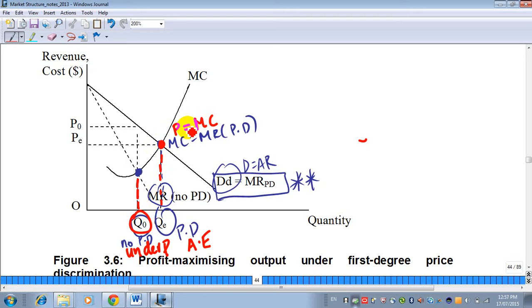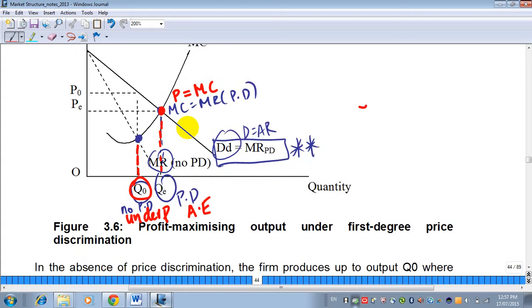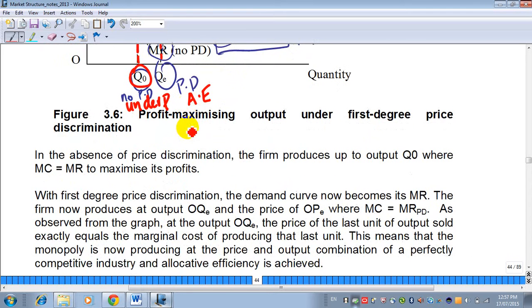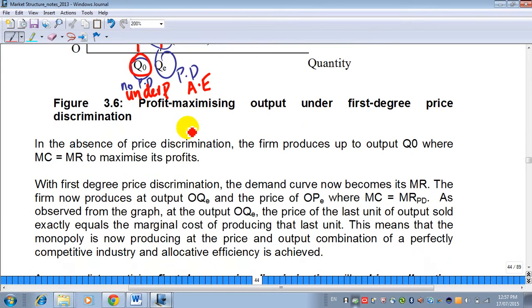At this point, P will be equal to MC, because it's the intersection of the demand and the MC curve. So as you can see, under QE, where there's price discrimination, P equals MC, and therefore there is allocative efficiency under first degree price discrimination.